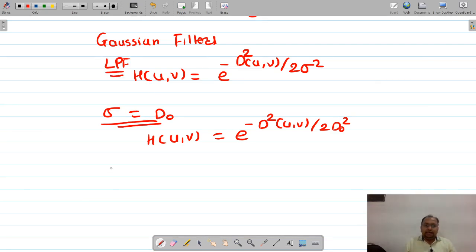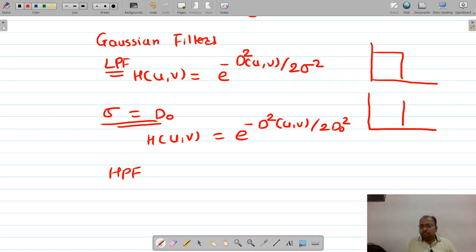And the Gaussian high pass filter can be represented as follows. Let us see the relation between the low pass filter and the high pass filter. These are the ideal frequency responses of the low pass filter and the high pass filter.